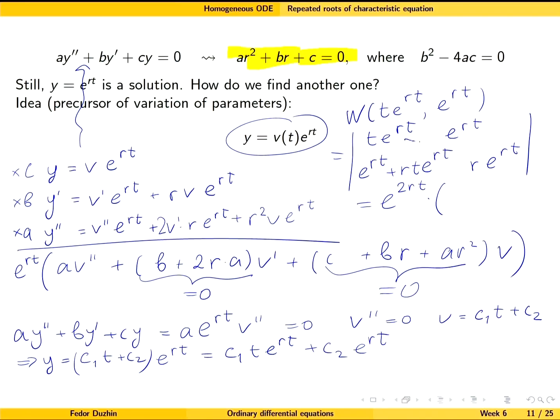Then when I multiply like this, I get t r minus, when I multiply like this, 1 minus t r, and this is minus e to the 2rt, which is non-zero, so they are linearly independent. Okay, done.